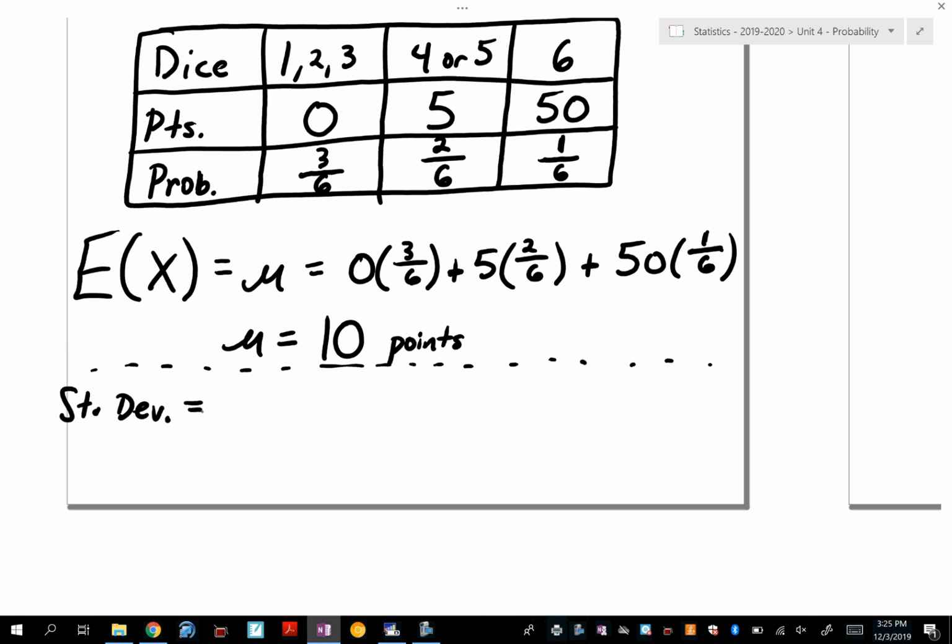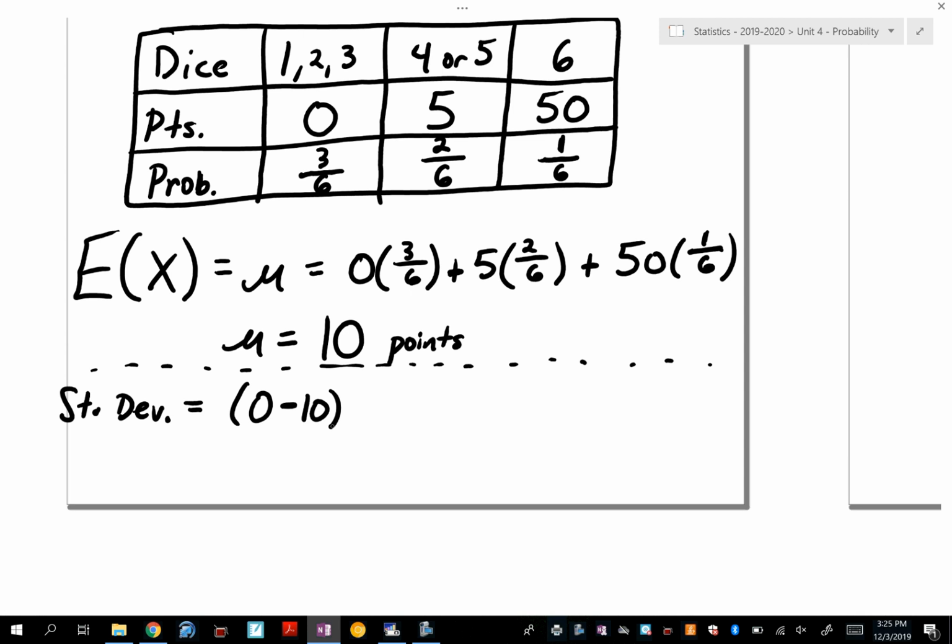Okay, what's the first point value I could get? 0. You're going to write 0 minus the mean. So how far away is 0 from the mean? That's what we're doing. So 0 minus 10, right? Because 10 is the mean. Now think back to earlier in the semester.